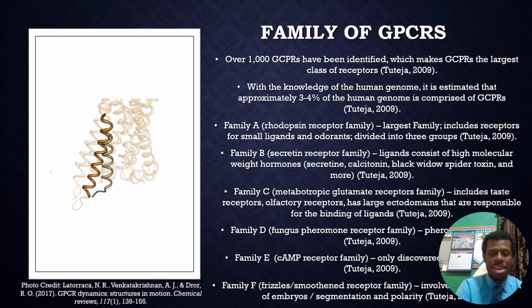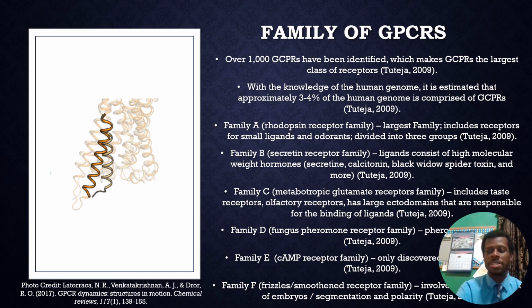Family B is the secretin receptor family. It contains about 60 members, and it lacks the structural signature that family A possesses. Family B also has ligands of high molecular weight hormones such as calcitonin, certain growth hormones, glucagon, and so much more.